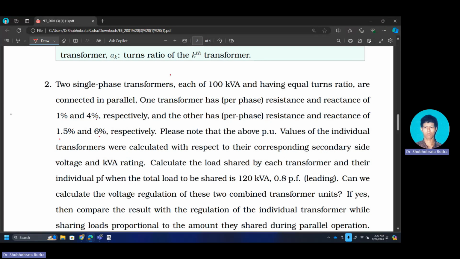So basically how to calculate the per unit value, those who are not familiar with it, for them just very quickly let me show you.